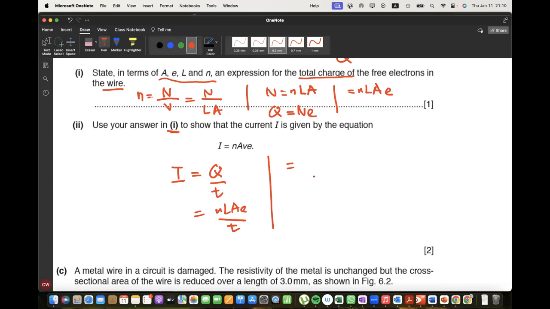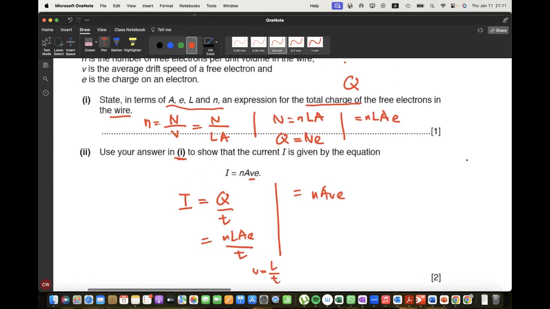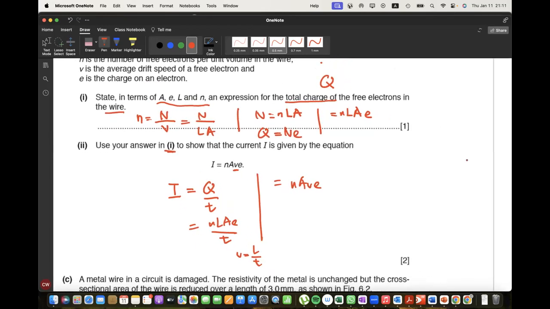Multiply T on both sides. L over T is V, correct? L over T is V, yeah? So NAVE. Correct?